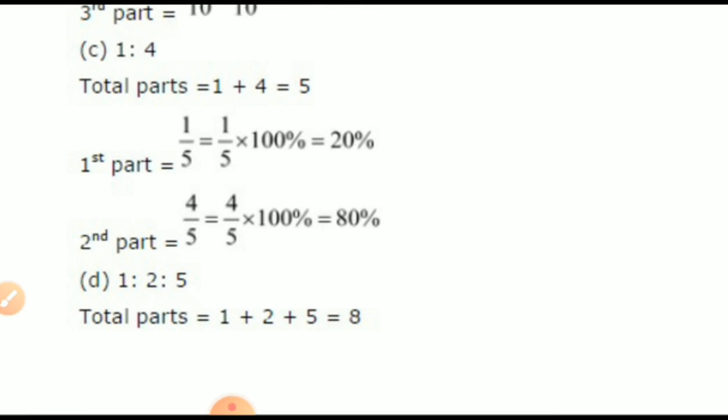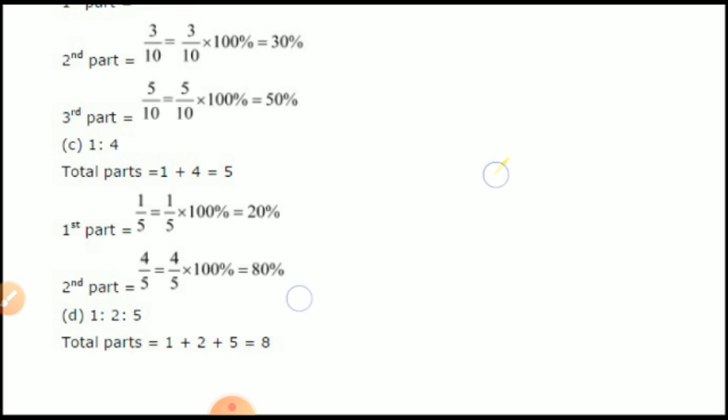Okay, D part, D is 1 is to 2 is to 5. Correct? So there will be 1 plus 2 plus 5 is equal to 8. Easy? Okay, now what about the first part? First part is 1 upon 8. What is that 1 upon 8?